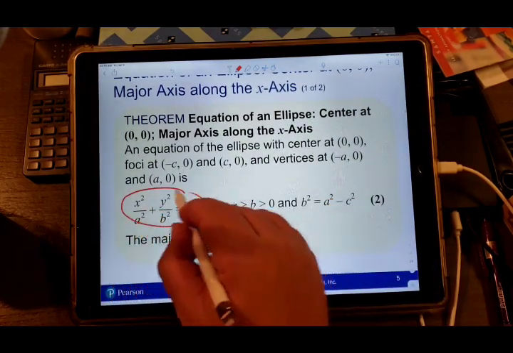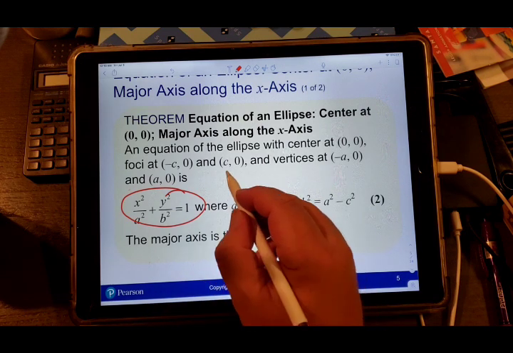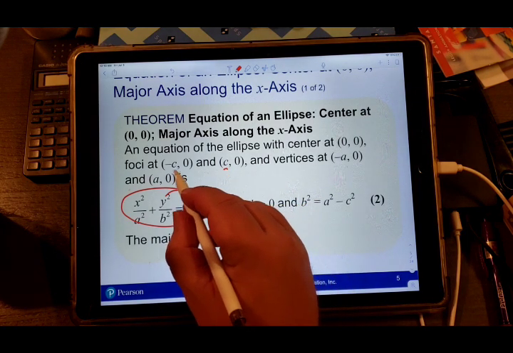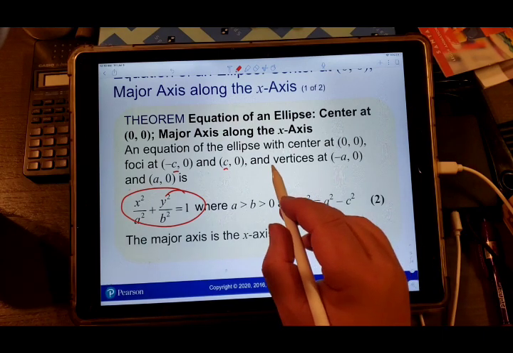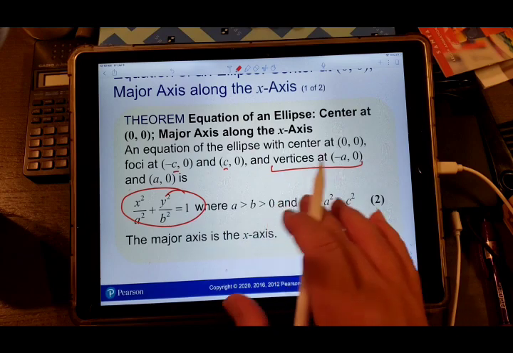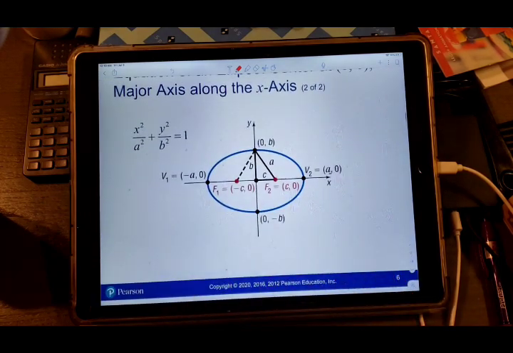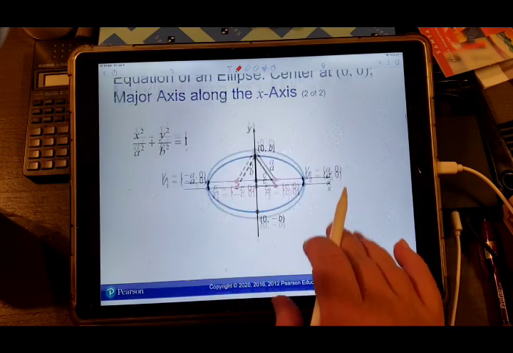Just drawing something like this really is an Algebra 1 skill, and it's kind of done. But they throw in this stuff about the foci and specifying what is the vertex or each of the vertices. So that's going to take a little bit of thinking or a little bit of work.